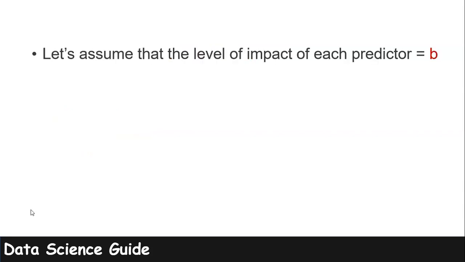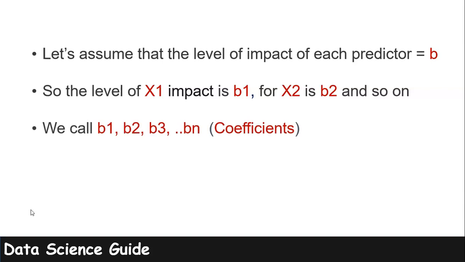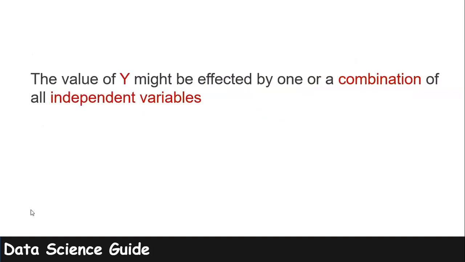Let's assume that the level of impact of each predictor equals B. So the level of X1 impact is B1, and for X2 is B2, and so on. We call B1, B2, B3, up to Bn coefficients. The value of Y might be affected by one or a combination of all independent variables.